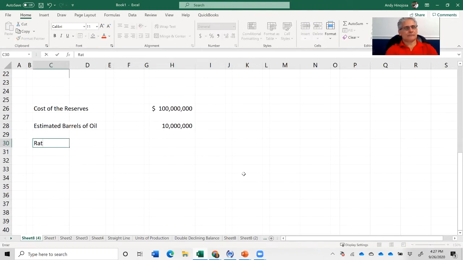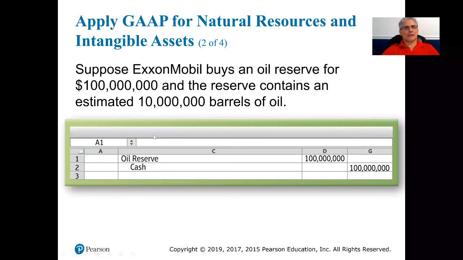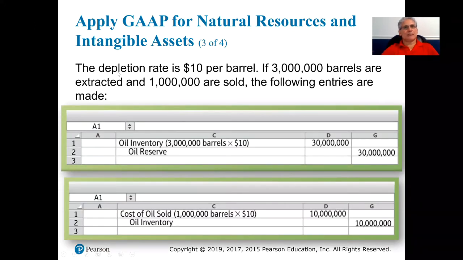So the rate, dollars per barrel, is 100 million divided by 10 million, which is $10 per barrel. That's how they computed it here. The depletion rate is $10 per barrel.